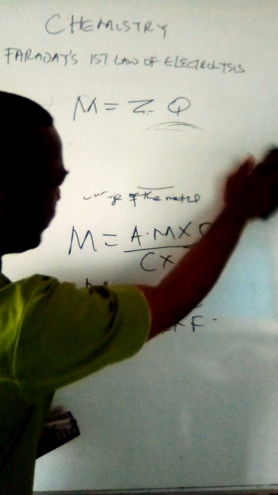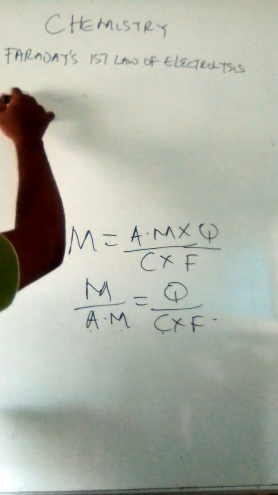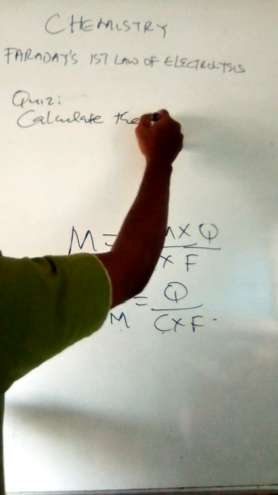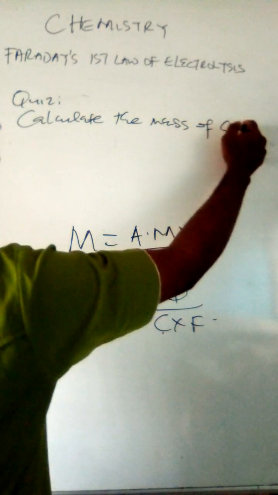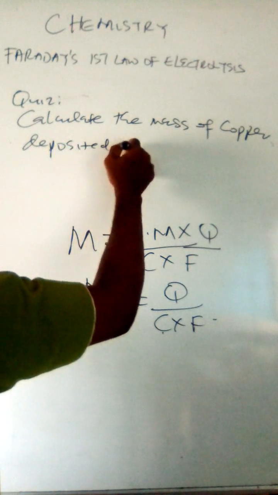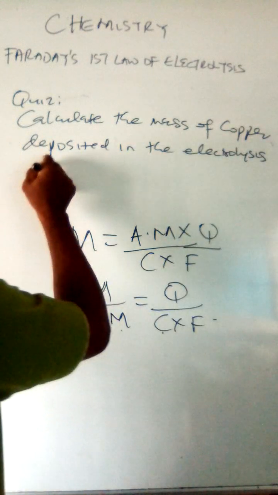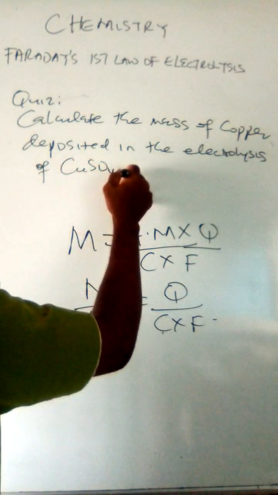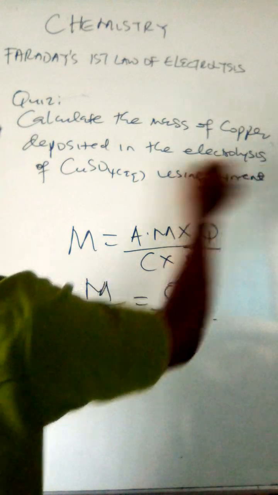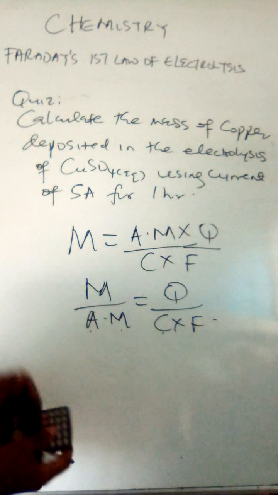Now, let us take a problem and see how we can apply this formula. Calculate the mass of copper deposited in the electrolysis of aqueous copper sulfate using a current of 5 amperes for 1 hour.